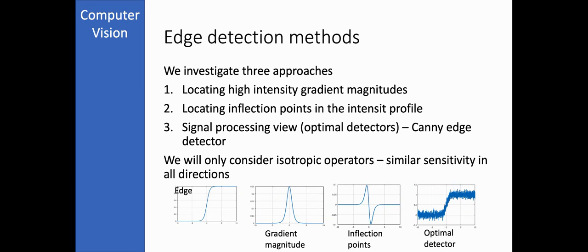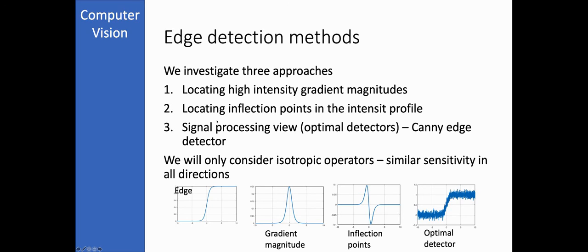Now, the edge detection methods really have three distinct approaches. One of them, the simplest one, is simply identifying the highest intensity gradient magnitudes. So if I have an edge profile like this, and if I look at the gradient of this profile, I should be getting something like this. Notice that the highest point in the gradient profile also corresponds to the center of the edge profile here.